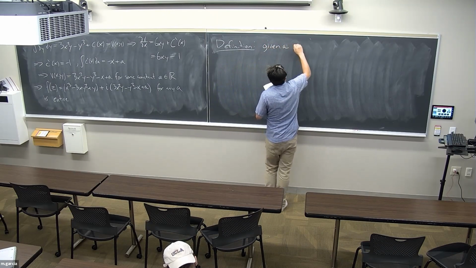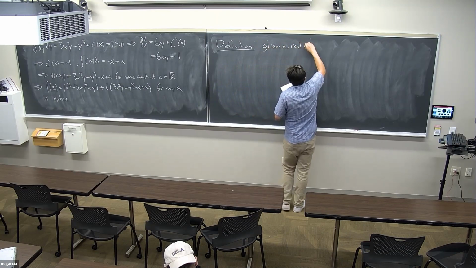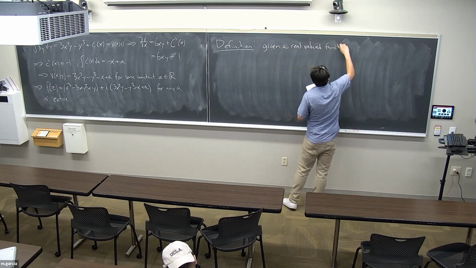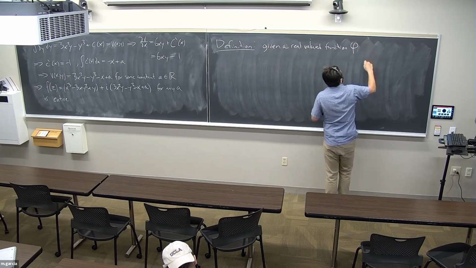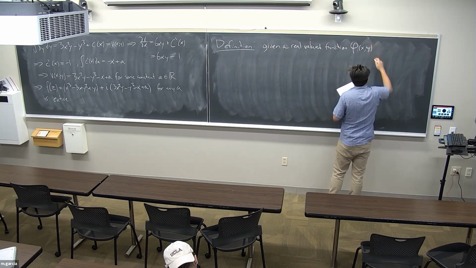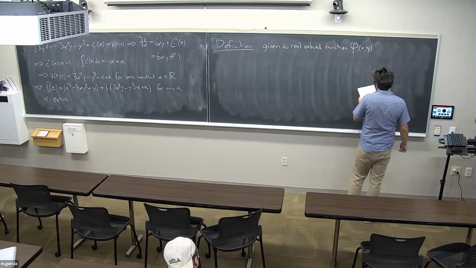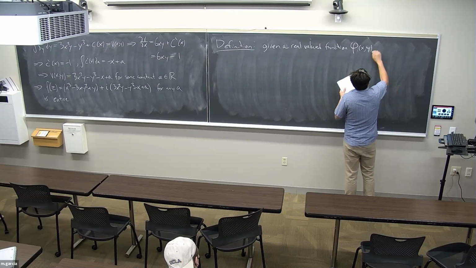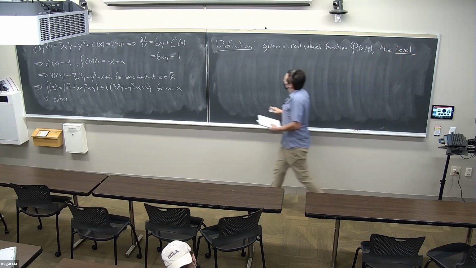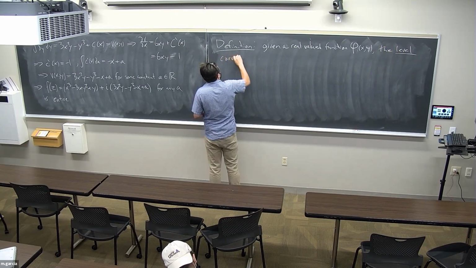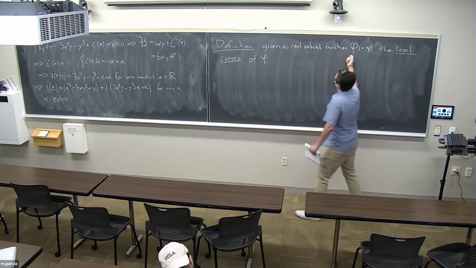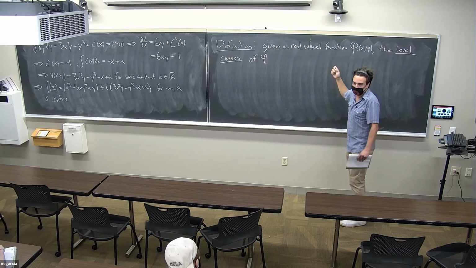Given a real valued function, phi of x comma y, the level curves of phi. Everybody okay with this? The Greek letter phi? Probably seen that before, right? Okay, good.